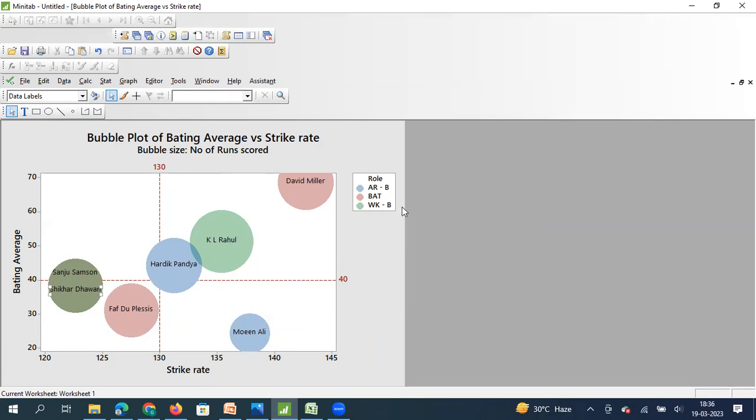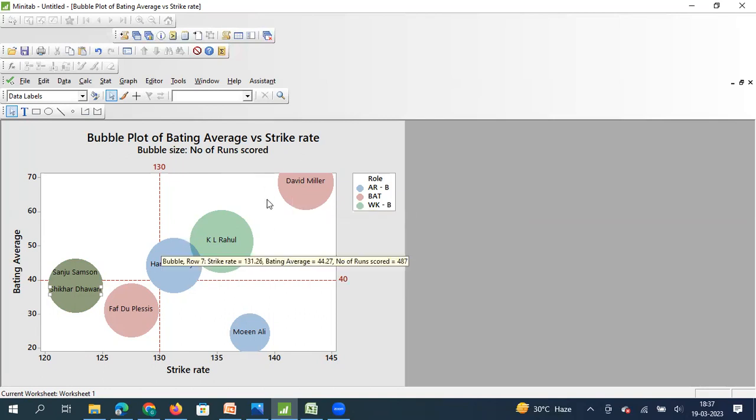But if you see here, the pink color indicates pure play batsman, the blue color indicates all-rounder batsman, and the green color indicates wicket-keeper batsman. Let's say KL Rahul in that season played as a wicket-keeper as well as opening batsman. So there is more weightage in me investing in KL Rahul and Hardik Pandya compared to David Miller.